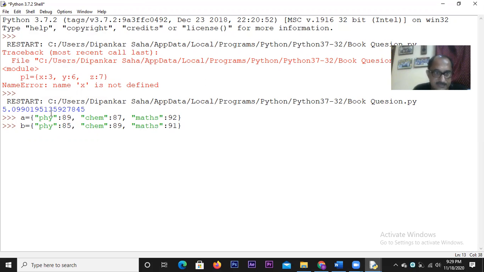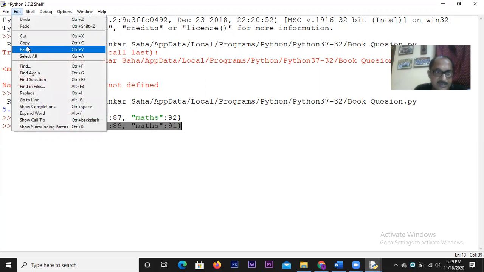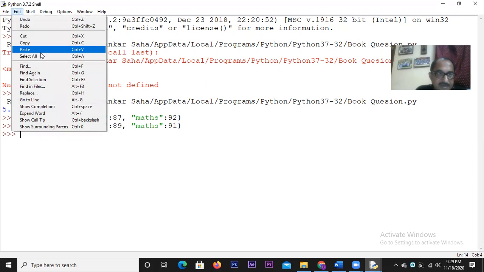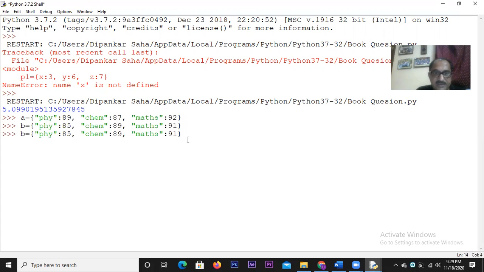And say there is a third student also. In fact, one of this kind of exercise was given in your textbook. I cannot remember what was the question exactly. The book is not with me at this moment. Say these are the three students.